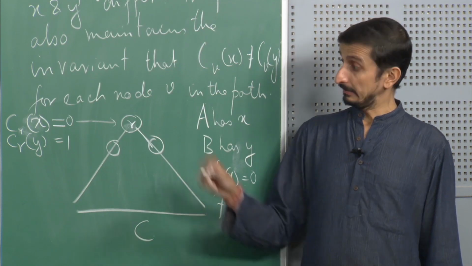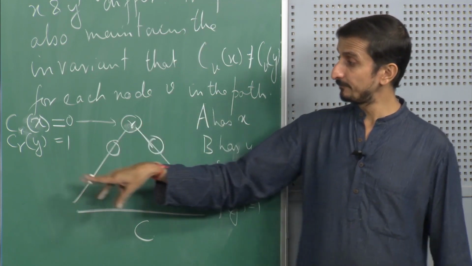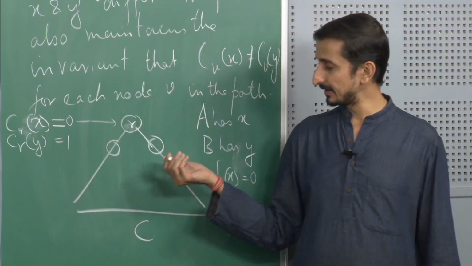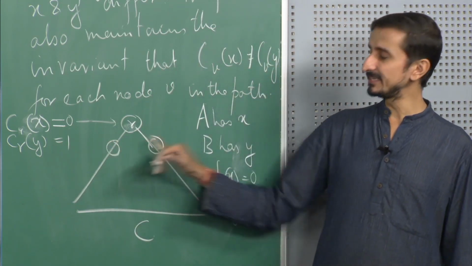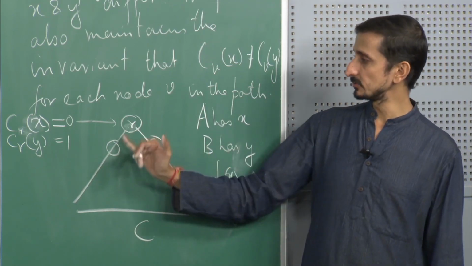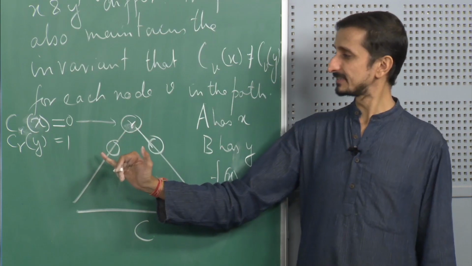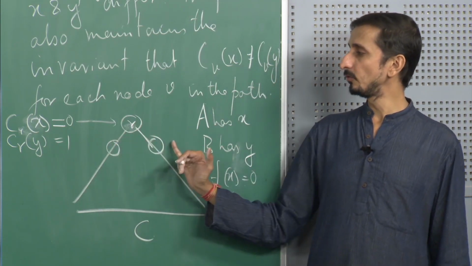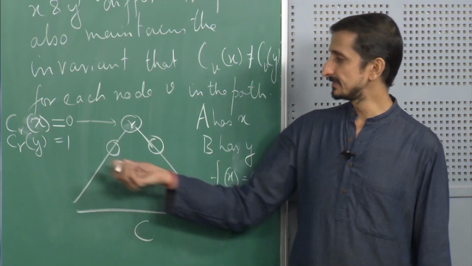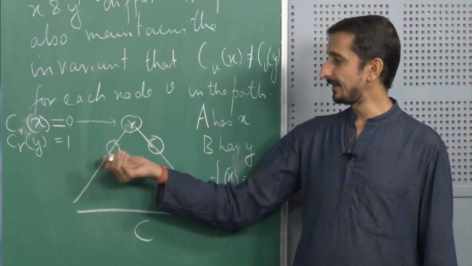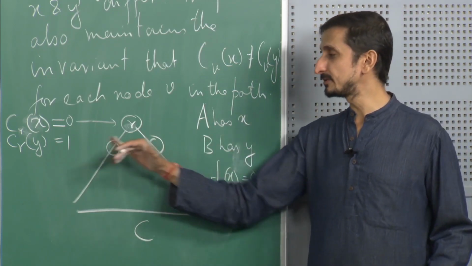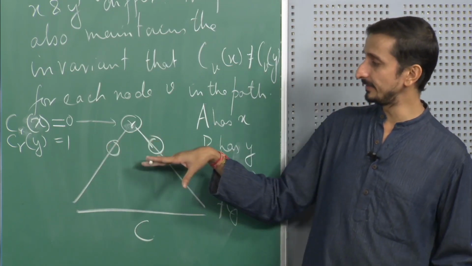For y we can say something stronger: both of these must be 1. Now Alice decides which of these two evaluates to 0, because I have to maintain the invariant at the next level, and then Alice chooses which node to go to.